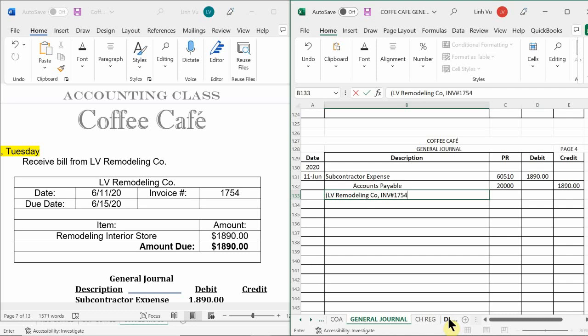Invoice number 1754. And we have 4 days to pay. Now you could put in here a little description saying this was for interior design.